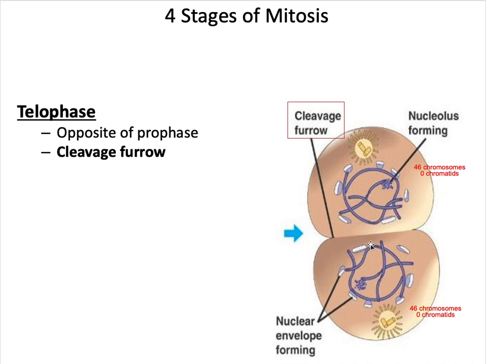And then you get the appearance of the nuclear envelope, or nuclear membrane, again here, and also for this daughter cell. And then your chromosomes will start to uncondense, uncoil, to become chromatin again. So we'll have chromatin, chromatin.